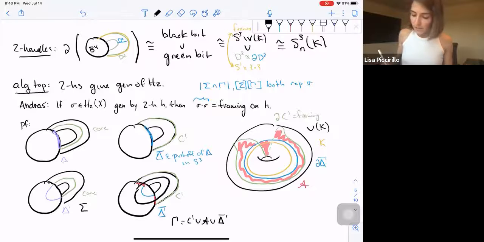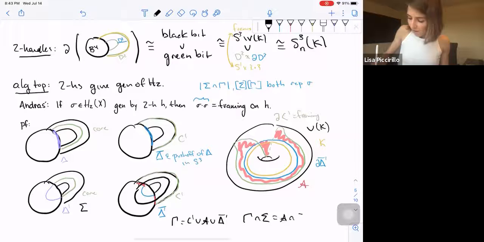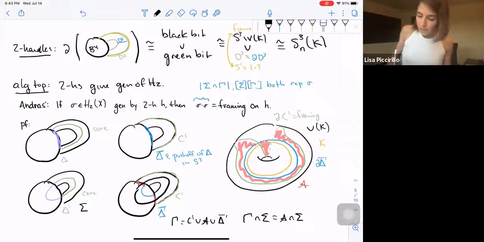And what you want to observe is that gamma intersects sigma is the same thing as A intersects sigma, because my surfaces don't intersect out here in the handle because we just have the core and a push off of the core. And they don't intersect in here in the 4-ball because we just took two cabled surfaces and pushed them both in. And if we were careful, we used the same push-in function, so they don't intersect in here.